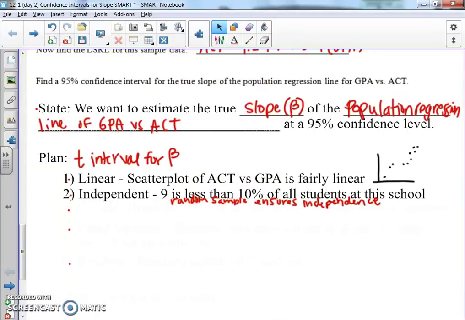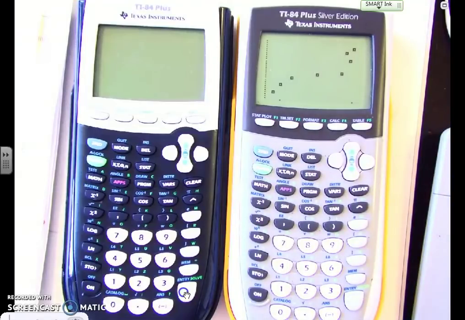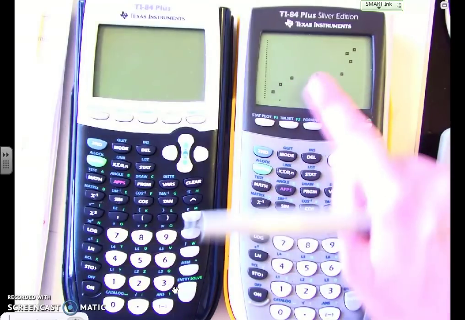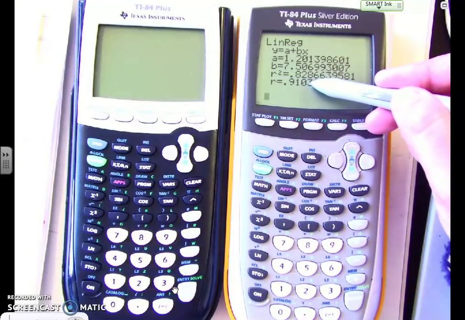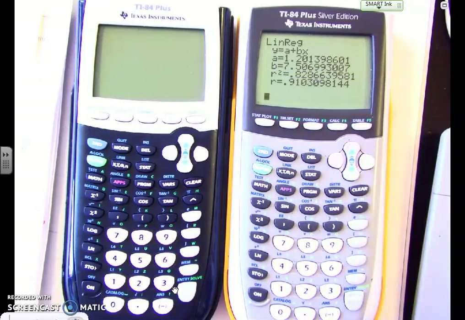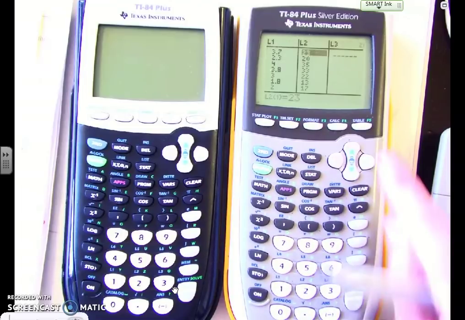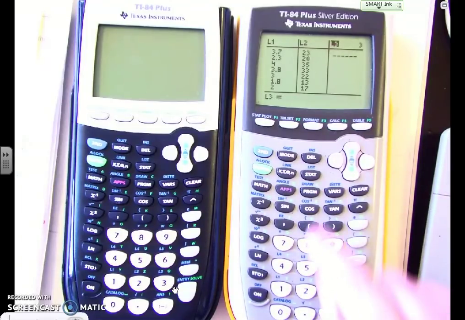All right, the next condition is the normal condition. So in order to check the normal condition, we want to look at either a histogram of the residuals or a normal probability plot of the residuals. So let me go back to the calculator. To do the residuals, now thankfully we already ran the least squares regression line on here. Remember, we ran linear regression. As long as you run this, it stores the residuals in there for you. So I need to plug the residuals into my list. So I'm going to come up here.